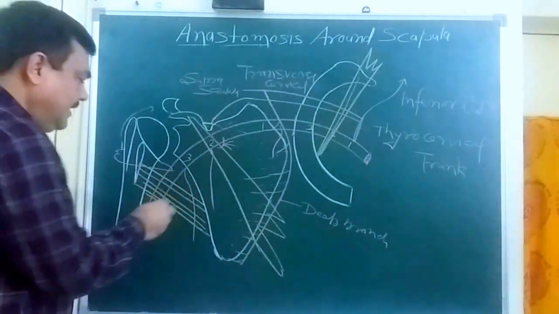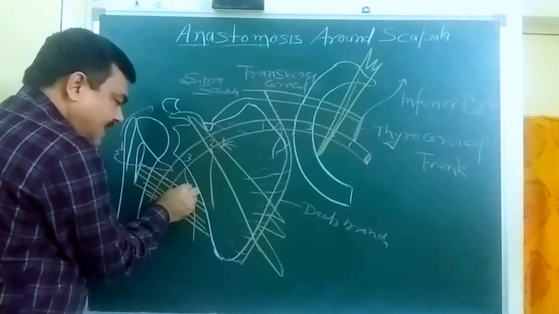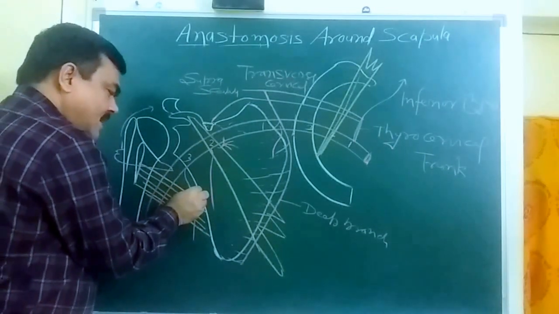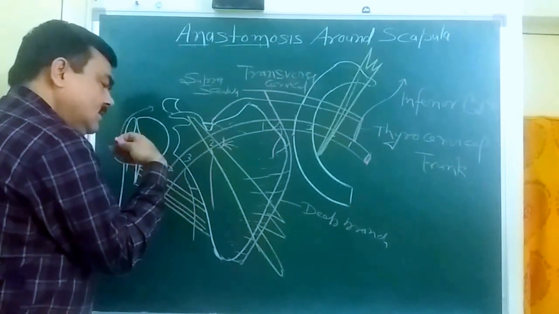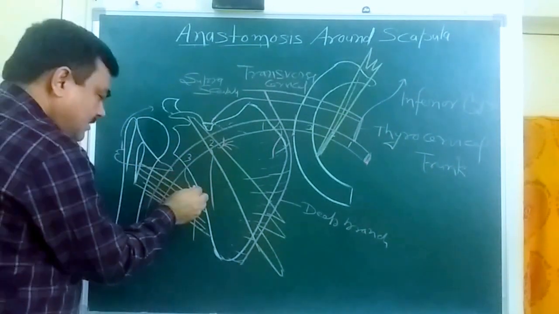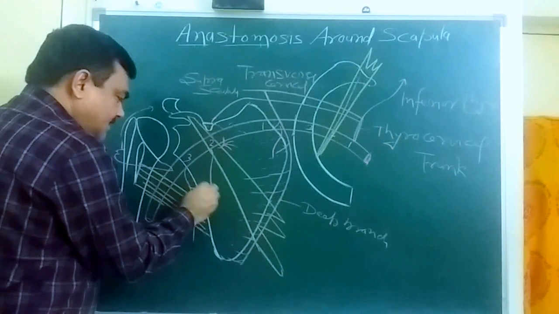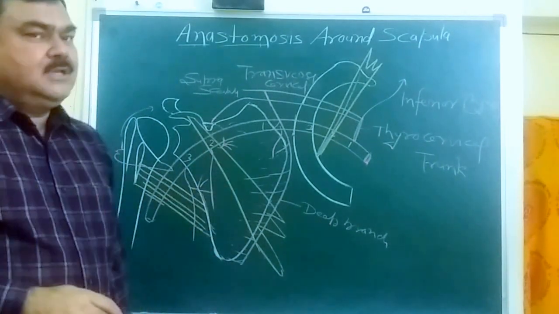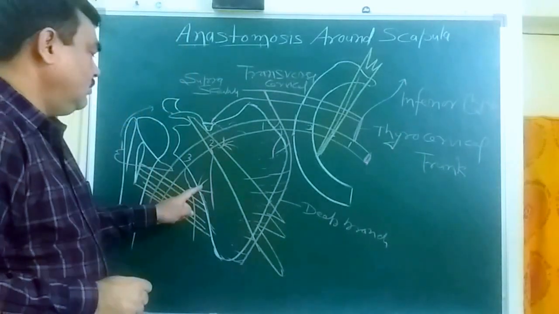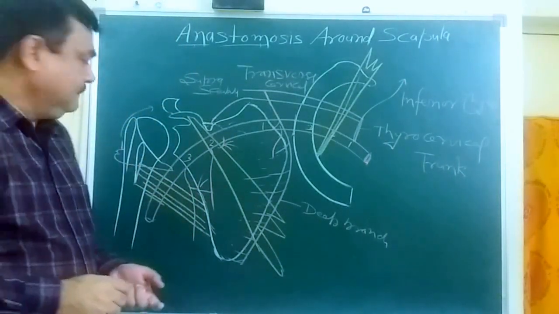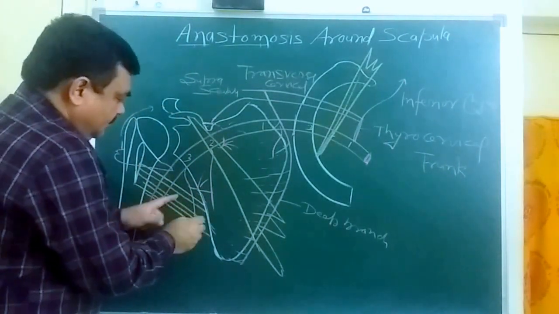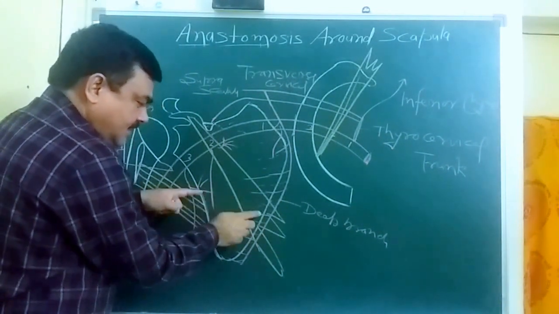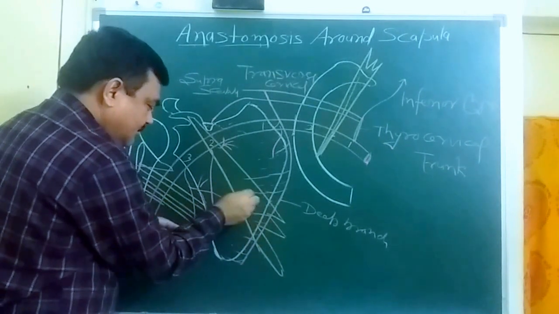This subscapular artery gives the circumflex scapular branch. This circumflex scapular gives a branch towards the ventral aspect, and it also gives a branch towards the dorsal aspect. So here is the anastomosis between this artery and this artery. This is the anastomosis.